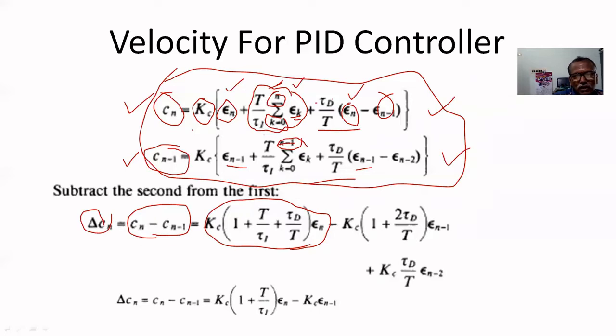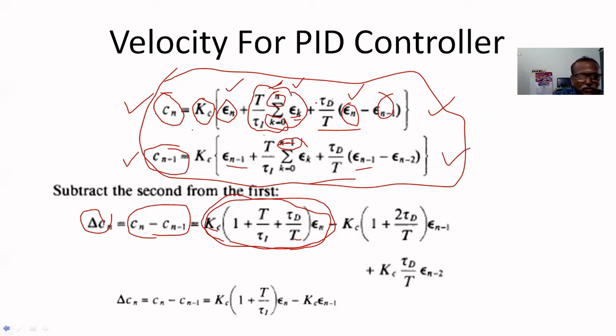So how many terms are there? Only 3 terms. What is the coefficient? Kc only for the first term, Kc T by Ti for the second, and Kc Td by T for the third. So we wrote E of n as the first term for the change in controller output.